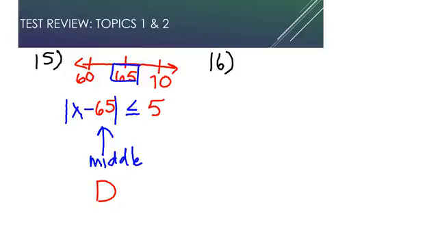This one, and this one. And the only one that I have left is that -1. So the answer is negative x squared plus 2x minus 1. So the answer is going to be G.